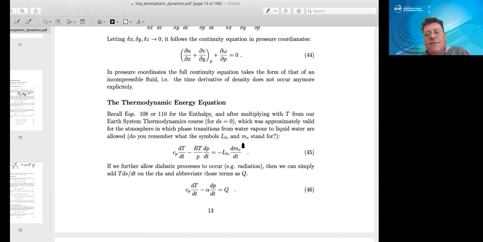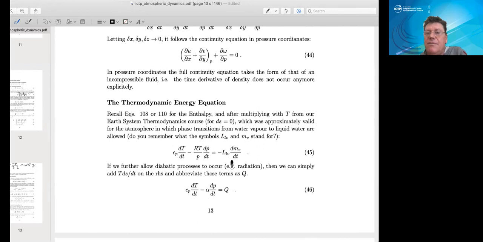But that can be equated, for example, when I did some years ago the thermodynamics course, you can show, of course, that if the only diabatic process we consider is the condensation, giving a rising parcel, we can have condensation. Then the only term on the right-hand side that can appear here is this transformation term, or the heat gained by a condensating parcel, for example.